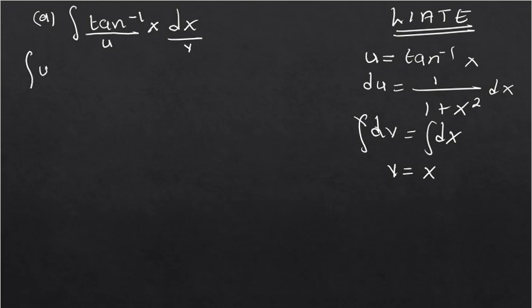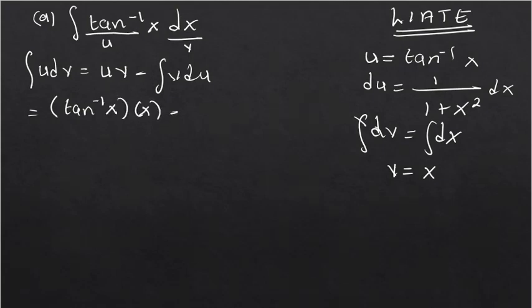Notice that the integral of u dv is equal to uv minus the integral of v du. What is u? Our u is simply tan inverse of x. Our v is x, minus the integral of v, which happens to be x.